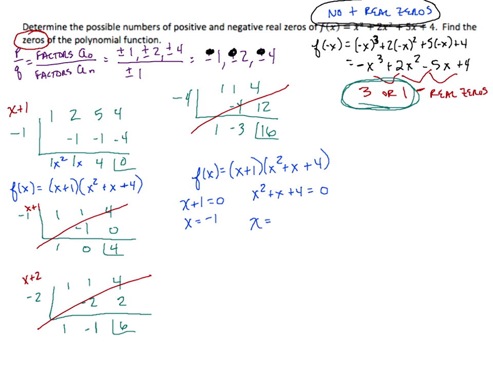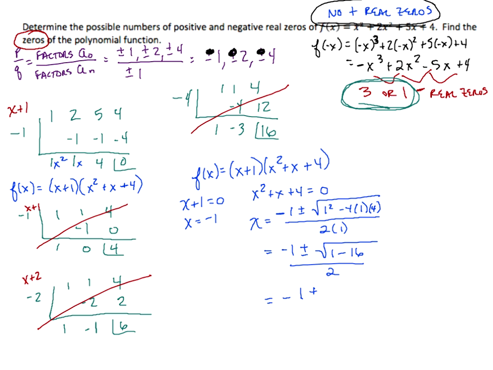So x equals the opposite of b plus or minus the square root of b squared minus 4ac all over 2a. -1 plus or minus the square root of 1 minus 16 over 2, which is -1 plus or minus the square root of -15 over 2. So that's -1 plus or minus i square root 15 over 2.